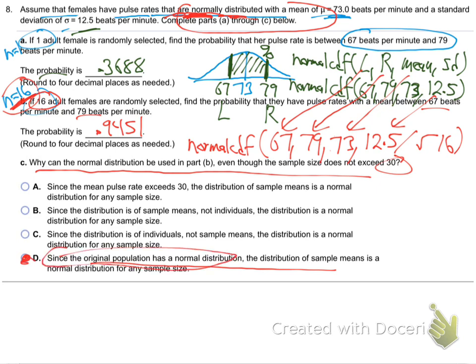But if the original was not, groups of 30 or more make the data become bell-shaped, even if it wasn't originally. That's what they're getting at.